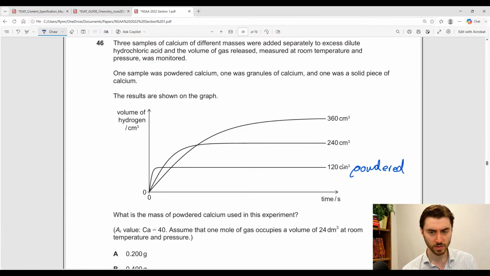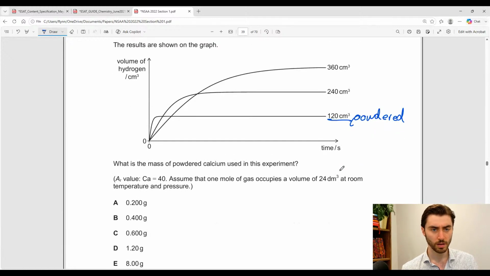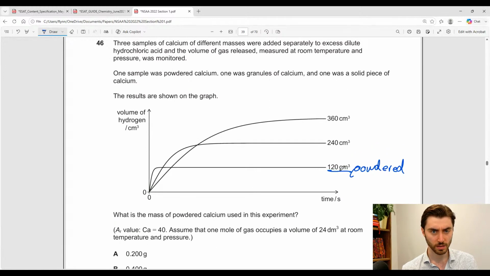What is the mass used? Well, we can see that this much volume of hydrogen was released. So calcium and HCl goes to calcium chloride and hydrogen, 2 of those. Volume of hydrogen, so n equals 120 over 24,000.